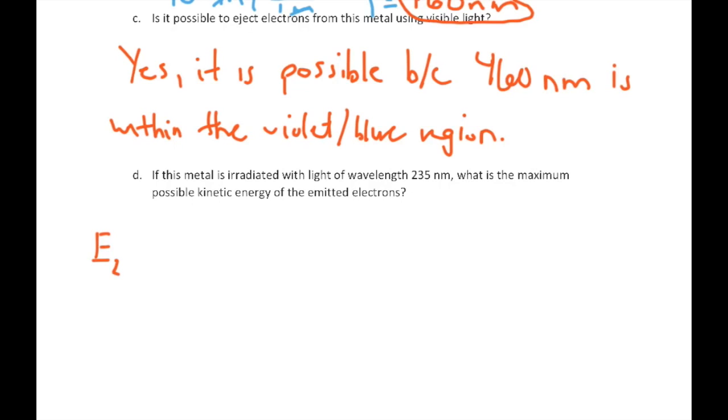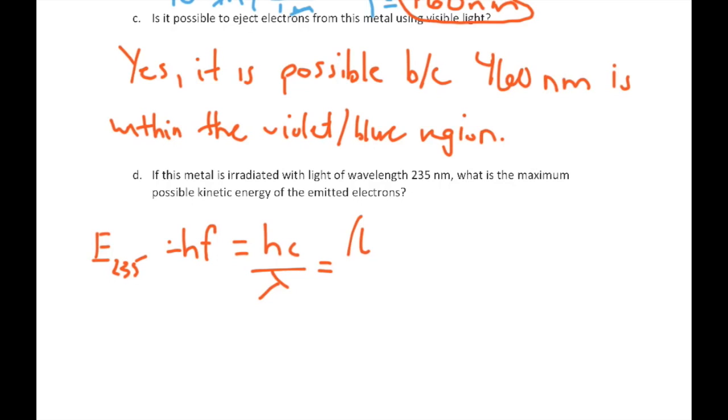at 235 nanometers. So that's going to equal hf, and we'll break down this unit one more time to be hc over lambda. Again, I'm incorporating the speed of light equation here so that we can do this all in one fell swoop.